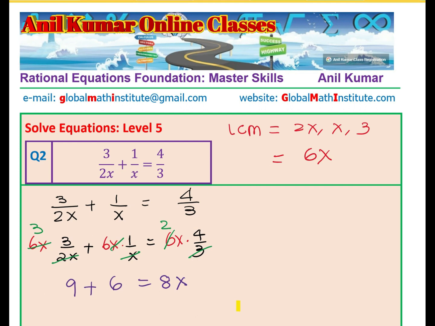So once again, we end up with a linear equation, 9 plus 6 equals 8x, or 8x equals 9 plus 6, which is 15. So x is equal to 15 divided by 8. That becomes our solution for the given equation. Perfect. This is indeed the lowest term, and therefore we will leave the solution like this only. I hope with this, the solution of the first two questions is absolutely clear.